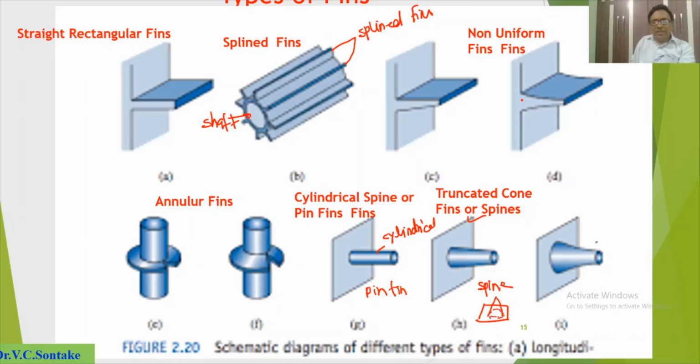And in the last case, a parabolic shaped fin is attached to the base surface. So this way there are different types of fins we can attach to the base surface to enhance heat transfer rate. Obviously the selection will be governed by so many parameters.